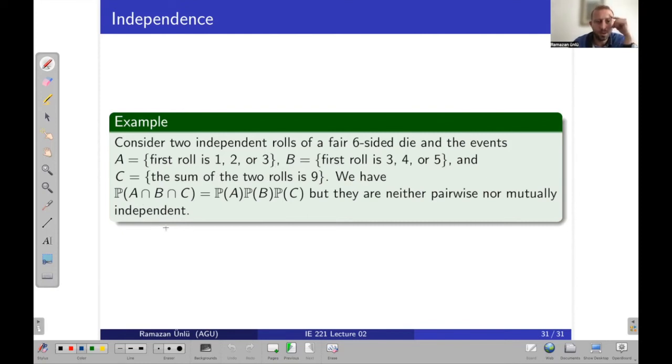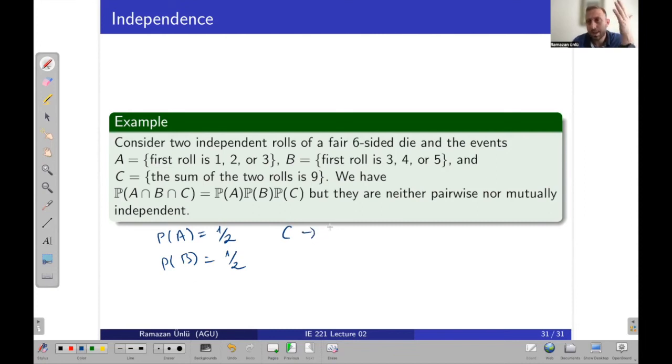Let's first calculate the probability of A, which is 1/2, since there are three members out of 6. The probability of B is also 1/2. So let's look at C. C can take the values.